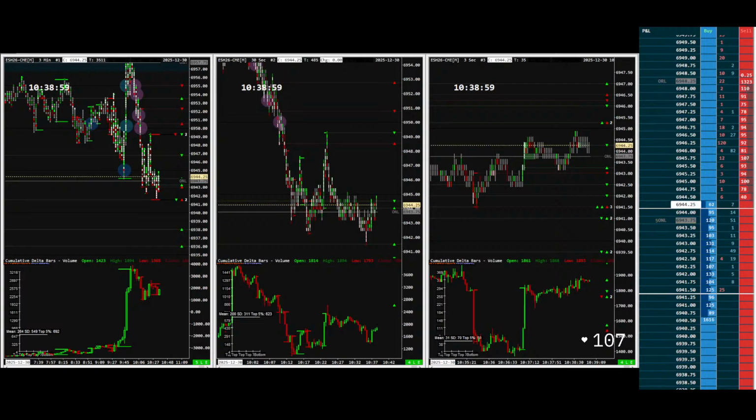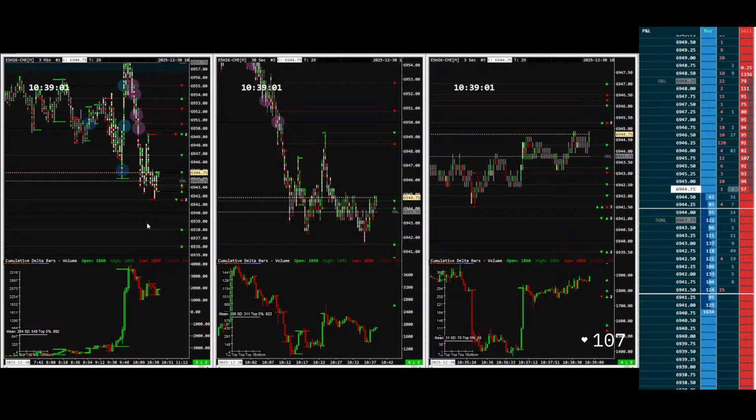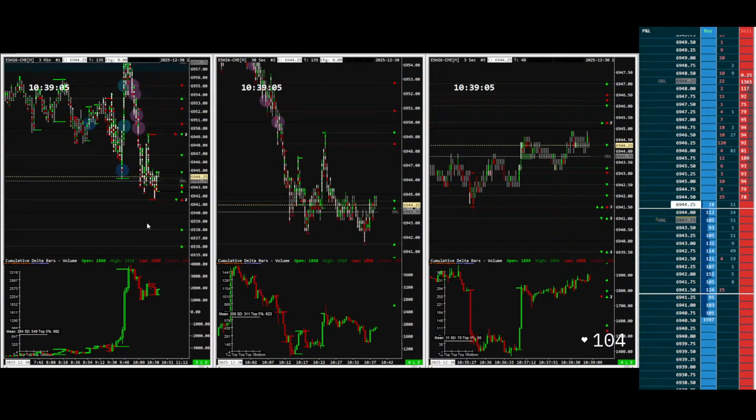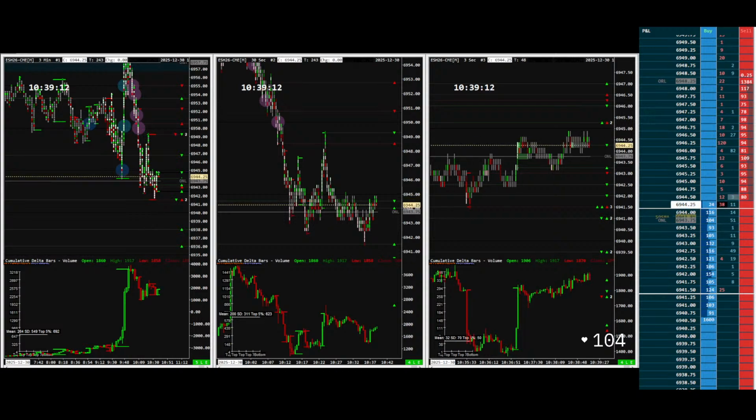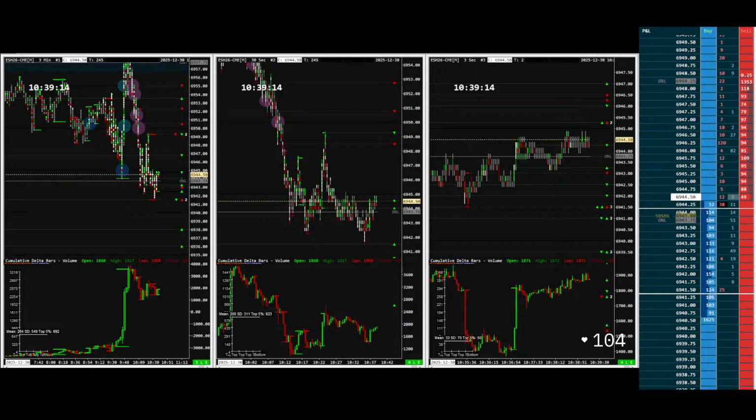Yeah. I think I would flip here if I was in that trade, and because it did not run as expected, I would flip it. Yeah. I'd flip it here. Let's see if that works. 44.25s.